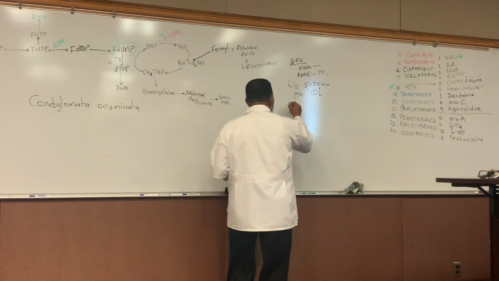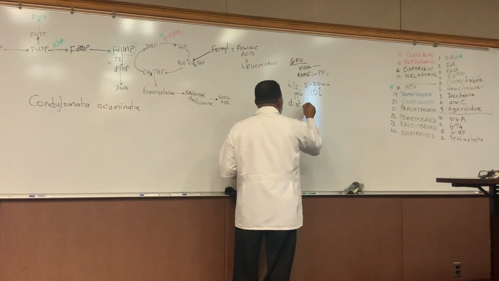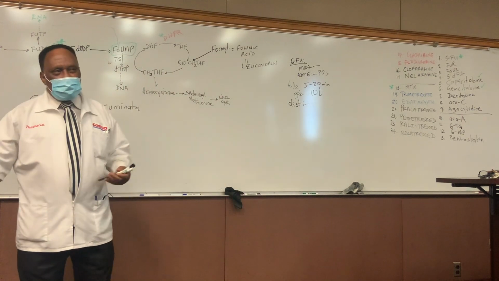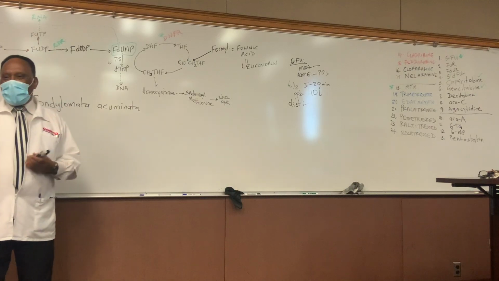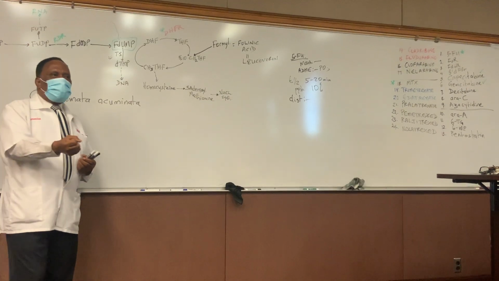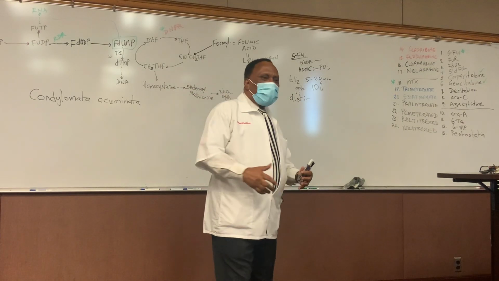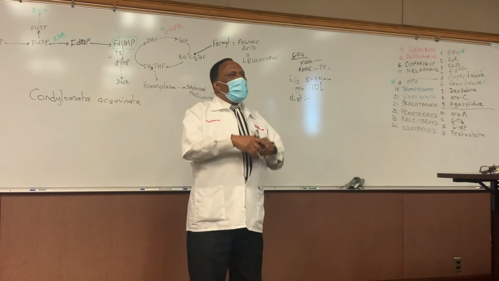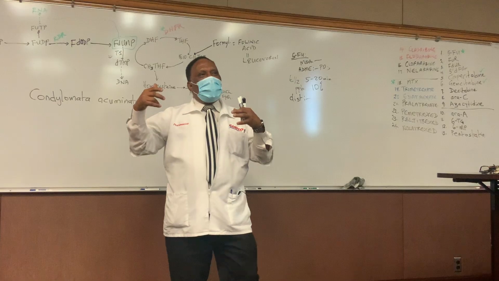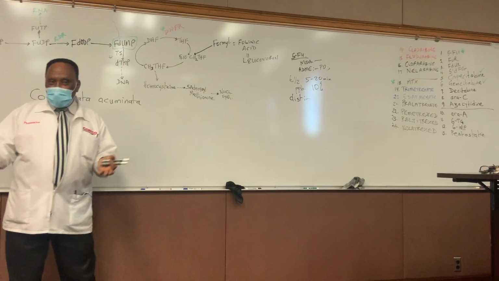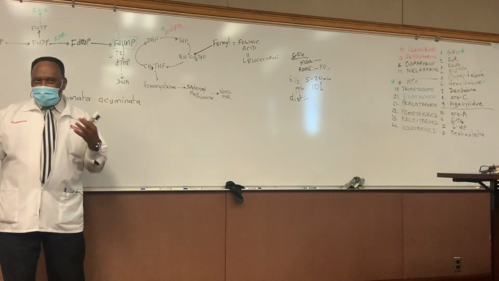Knowing that, then one would know that it would have a very wide distribution since it is not bound to plasma protein. So it can be distributed to the breast, to the lungs, to the liver, to the placenta, and also to the CSF.